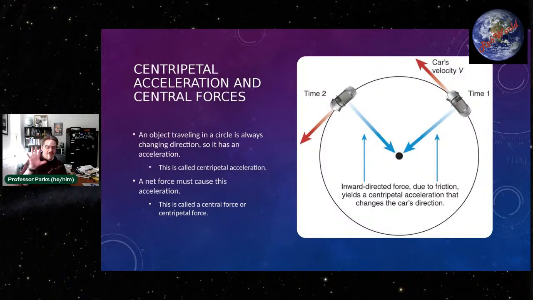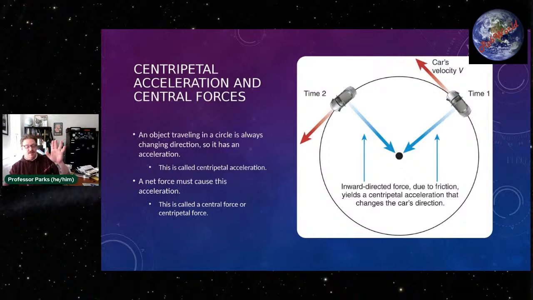So let's take the thing that I've been bashing, uniform circular motion. It's like a car that's going around in a circle. Its speed doesn't change, so that's the uniform part of it. It has a certain velocity. So time one, the velocity.